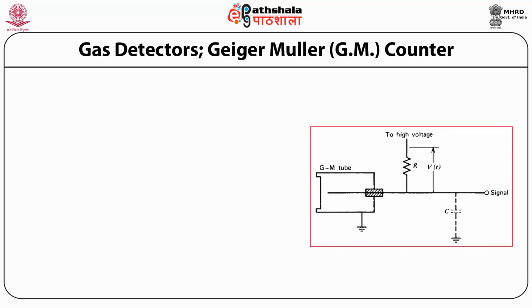Now, as we have understood in the discussion of the previous slide, quenching needs to be applied to GM tubes to overcome the problem of multiple pulsing. Basically, two quenching methods are applied: external quenching and internal quenching.